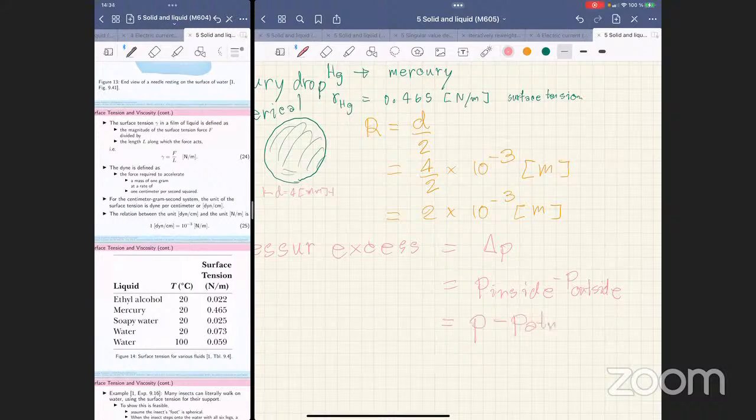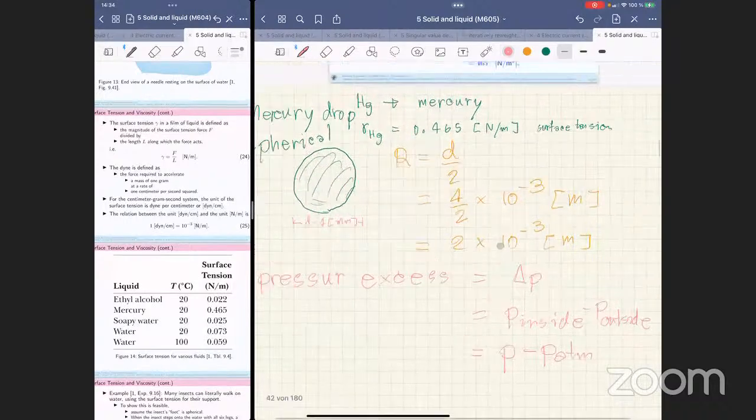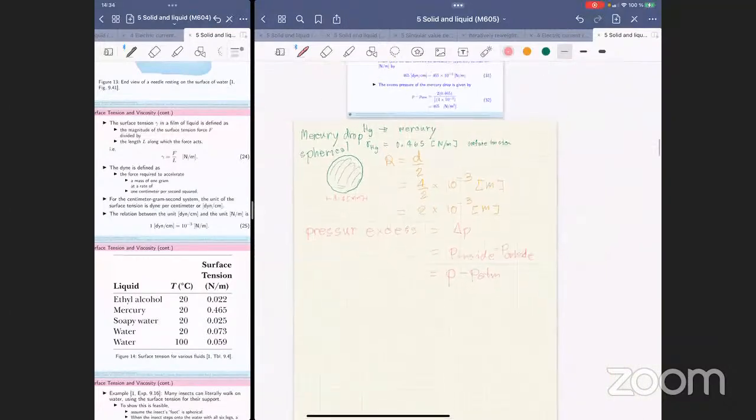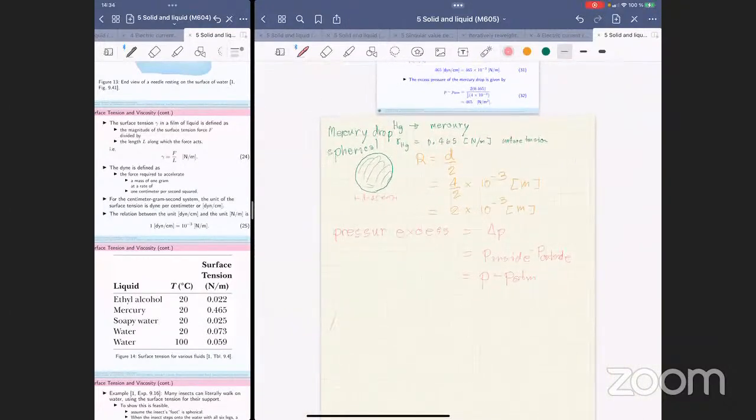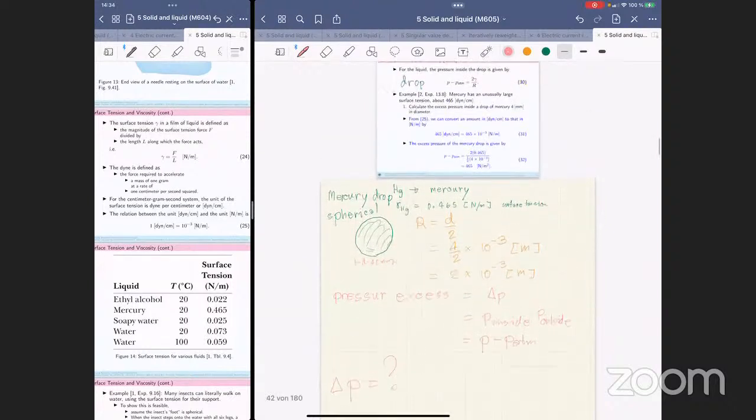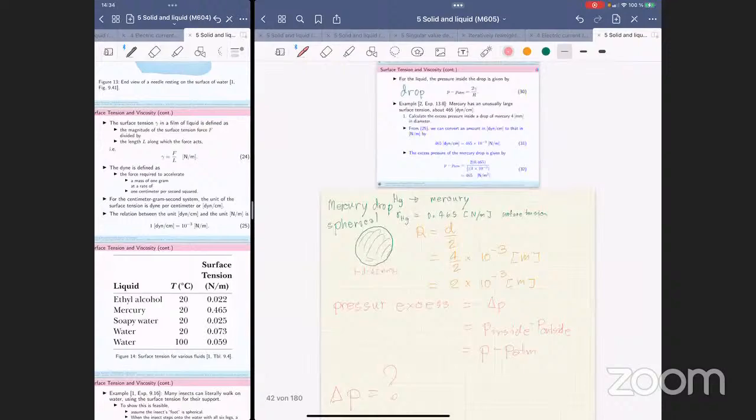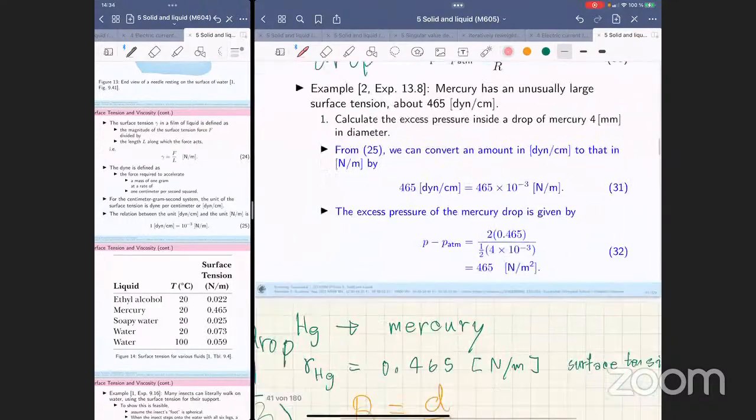But we don't get into this relation, because what they want to know in this example is only delta P. So we're going to use formula number 30.